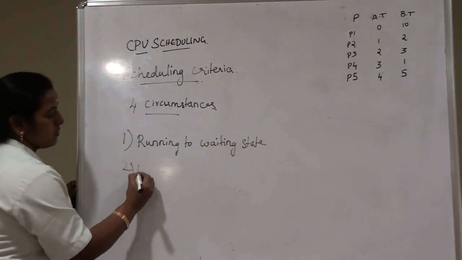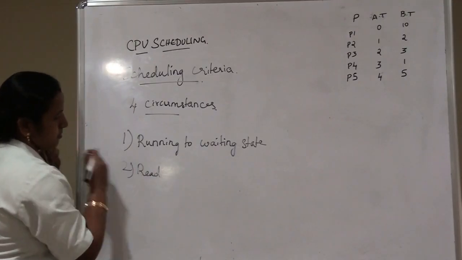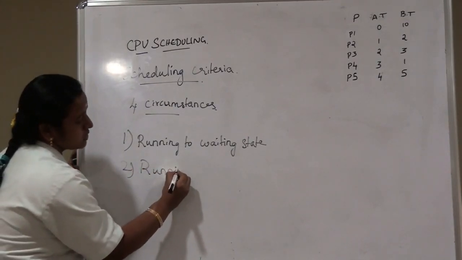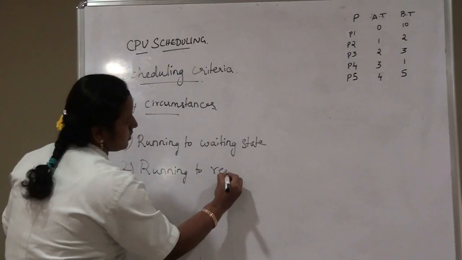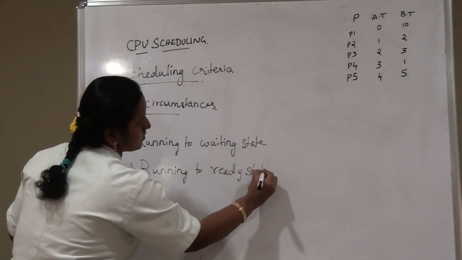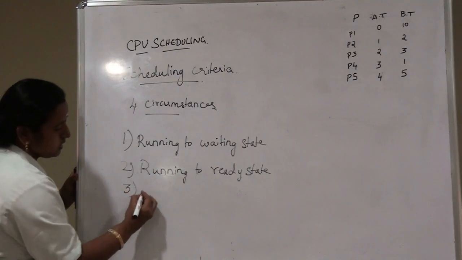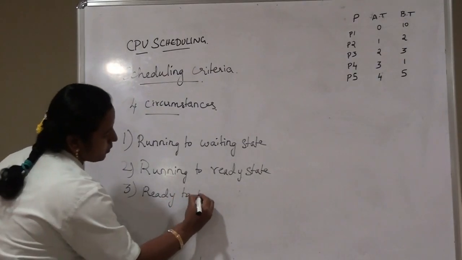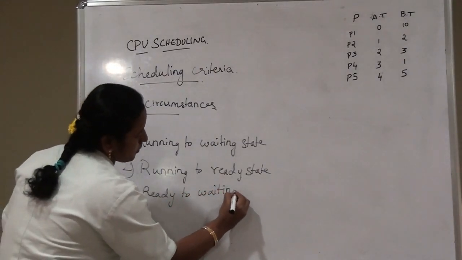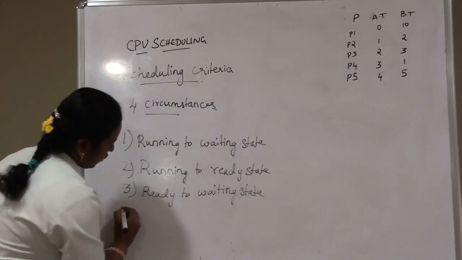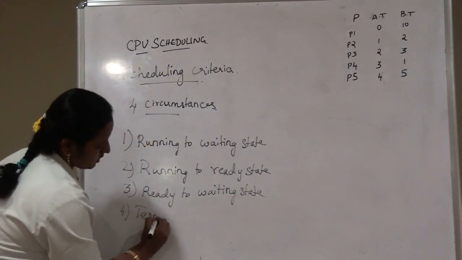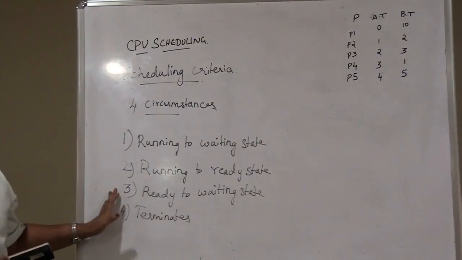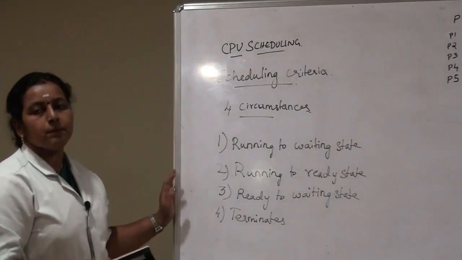Second, it switches from running to ready state. Third, it switches from ready to waiting state. Fourth, it terminates. So in scheduling, these 4 circumstances are considered by using the process states.